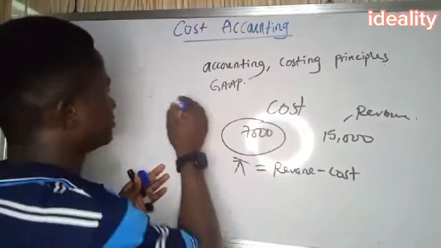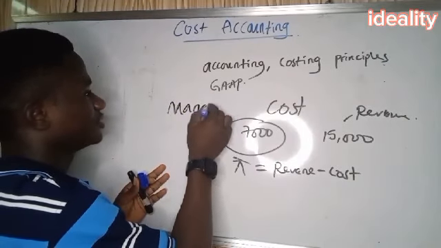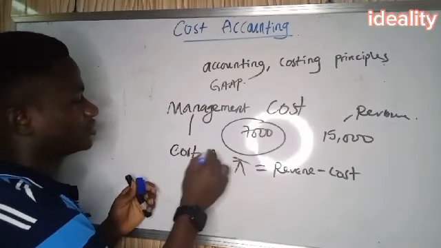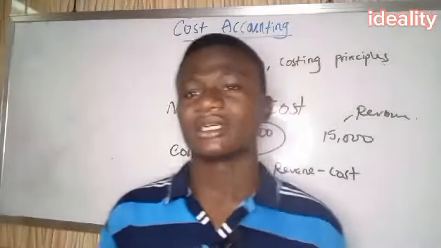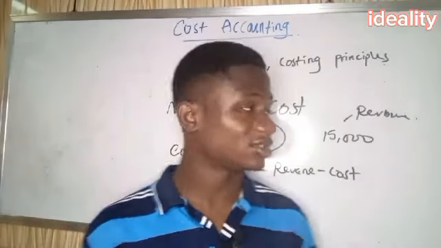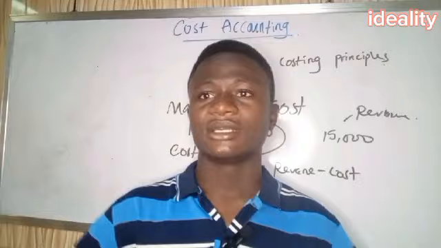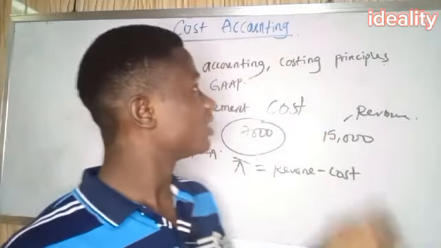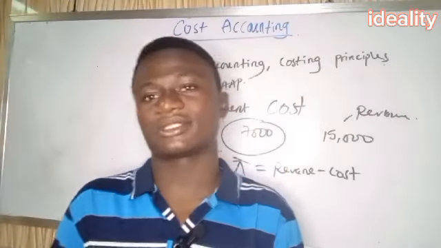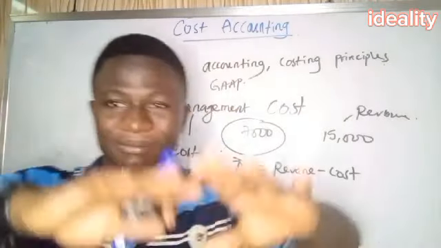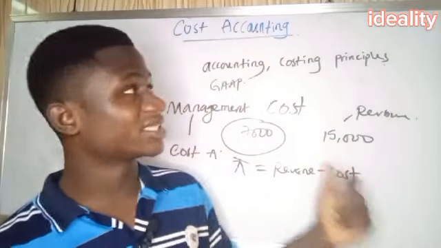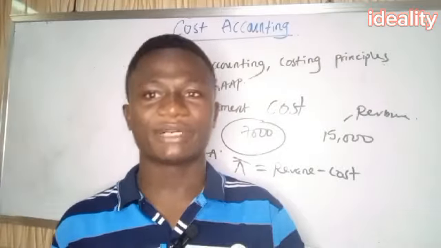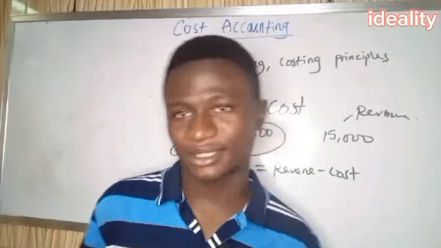When we draw management accounting, we have cost accounting under it. Management accounting deals with managing everything in the organization, including human and labor resources, while cost accounting deals with managing the costs. So cost accounting is a subdivided part of management accounting. You need to understand that.